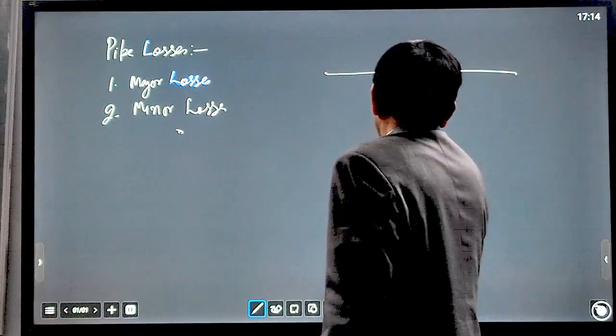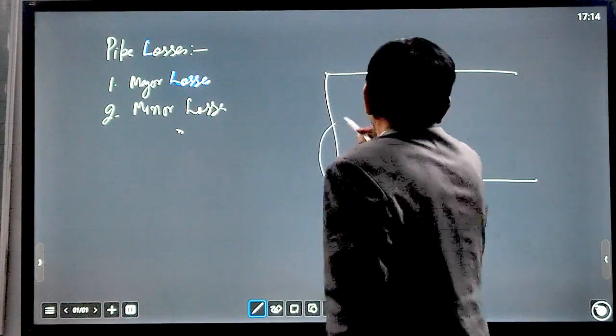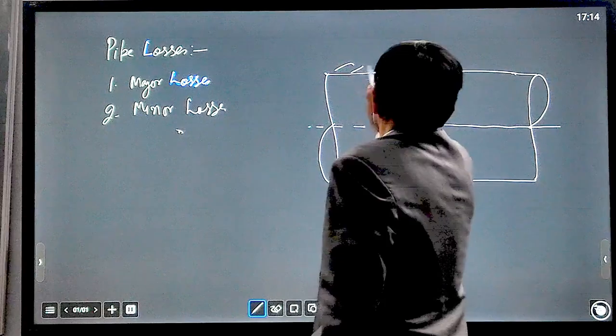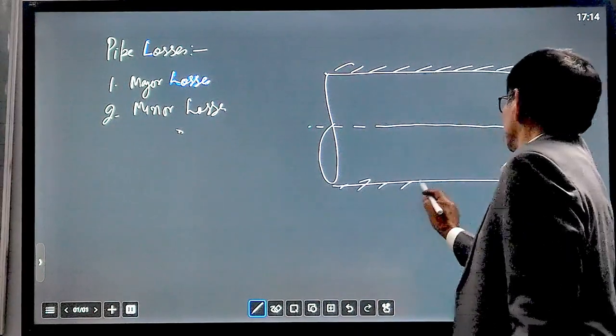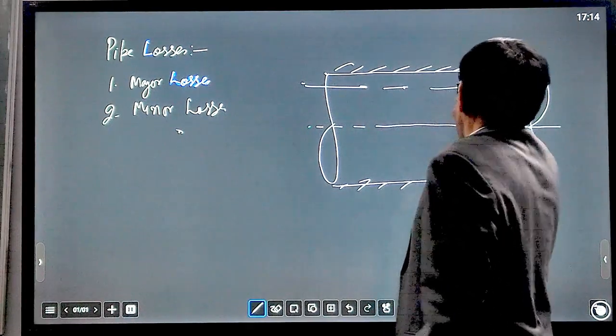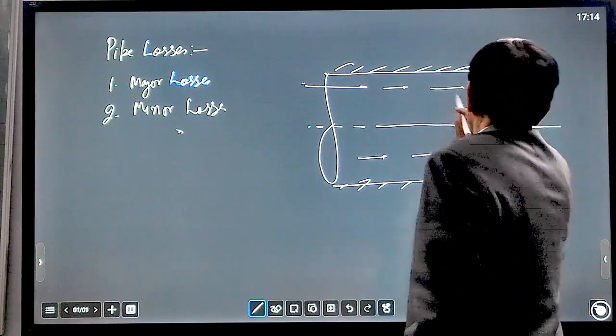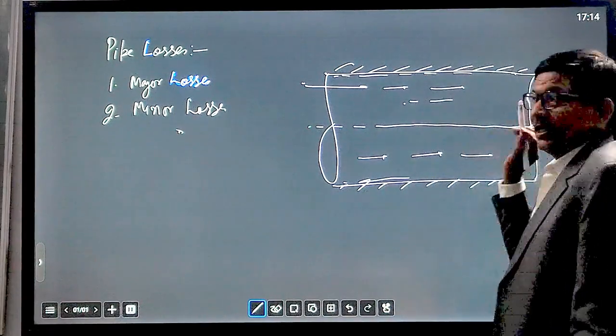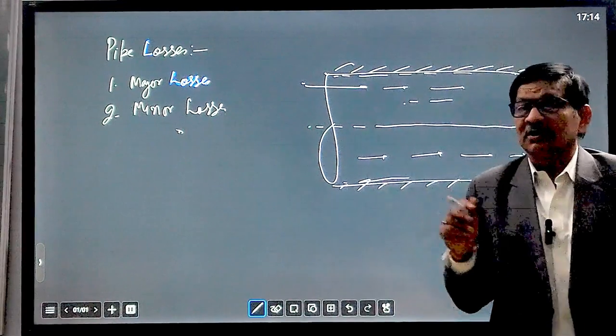This is a pipe and section of pipe. We have taken a section of pipe and this is the center line. This is the pipe surface. When fluid flows through this pipe, losses will occur due to frictional resistance near the wall and due to moving layers, one layer moving over another due to viscosity of the fluid.